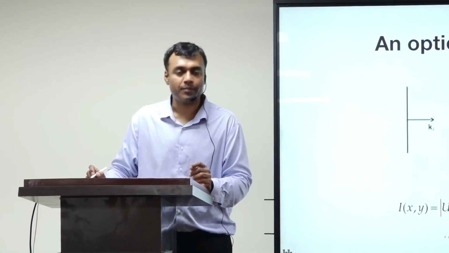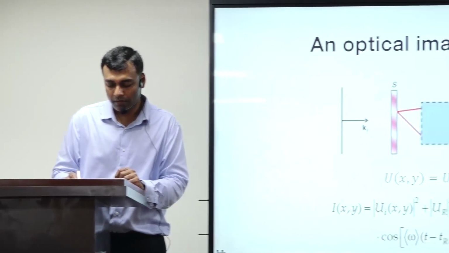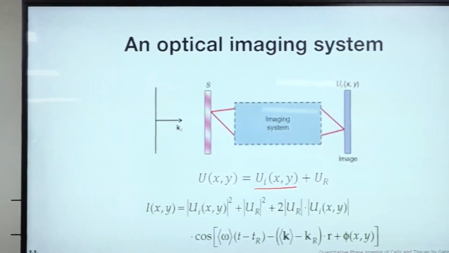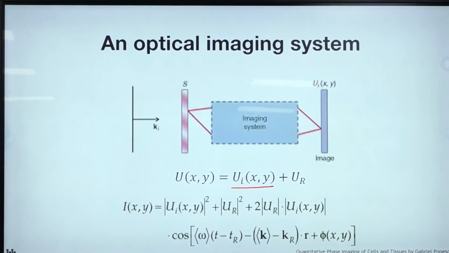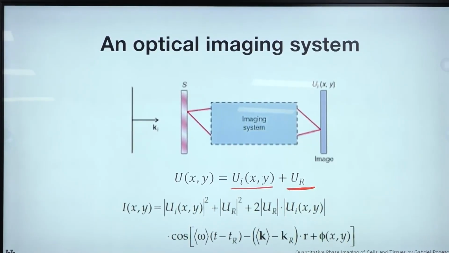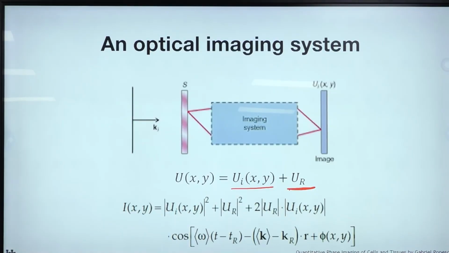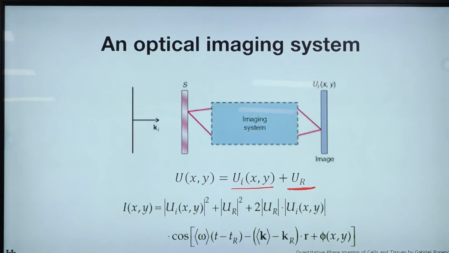So that's the idea. And the way it works is essentially this. Starting from an imaging system, what you do is add a reference. The starting point is very similar to Gabor's original idea for holography or Zernike's idea for phase contrast. You have light coming from the sample.